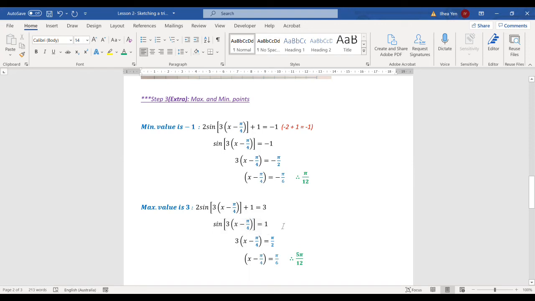So I don't know whether I can here. So here, oops, it's not a very good sketch of sine. So that is pi over 2, isn't it? And that's 1.